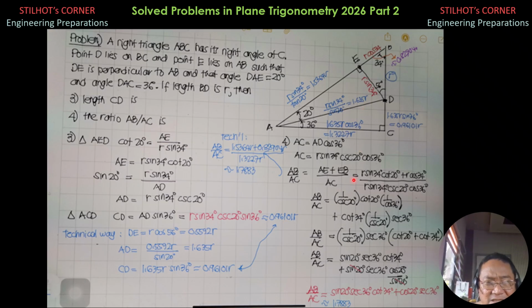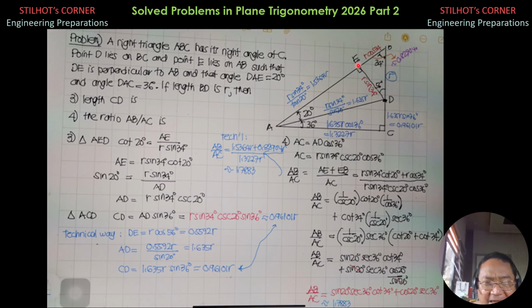Then for the second part, ratio of AB to AC. So having found this, r sine of 34, in this triangle, you use tangent. So r sine 34, tangent of 20 degrees is opposite over adjacent, which is r sine 34 divided by AE. So AE is r sine 34 over tangent 20, and that is 1.536 r.